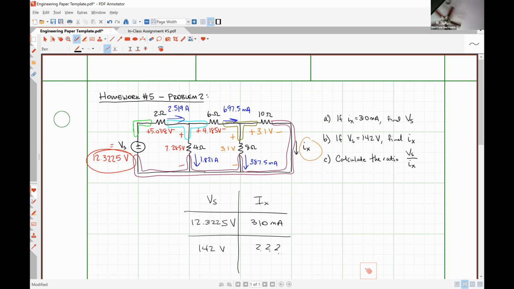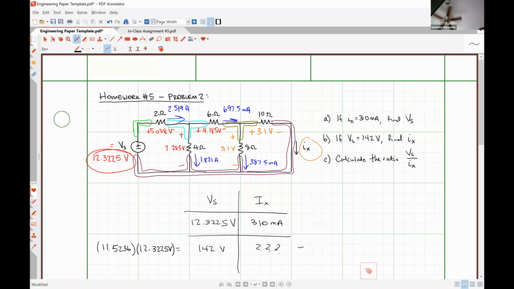So what I mean by that is 142 is 11.5236 times our original voltage of 12.3225.